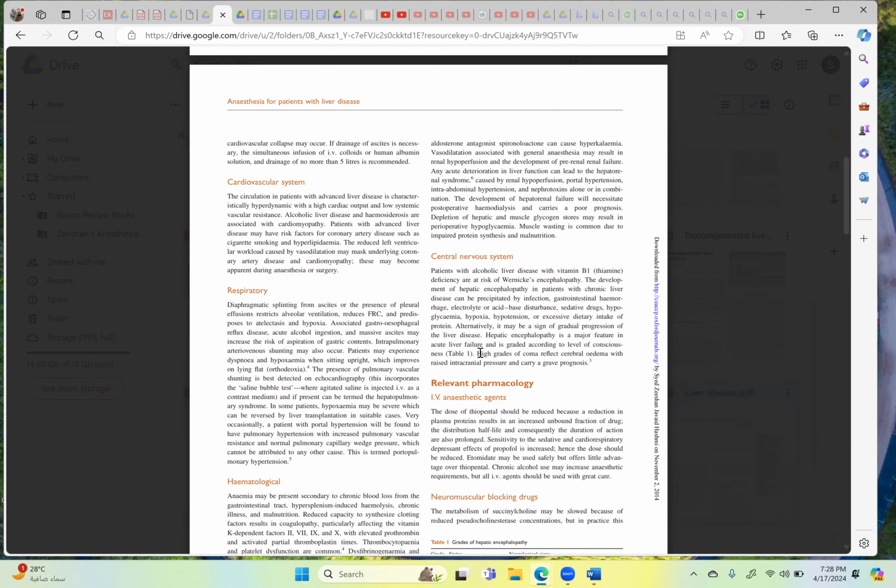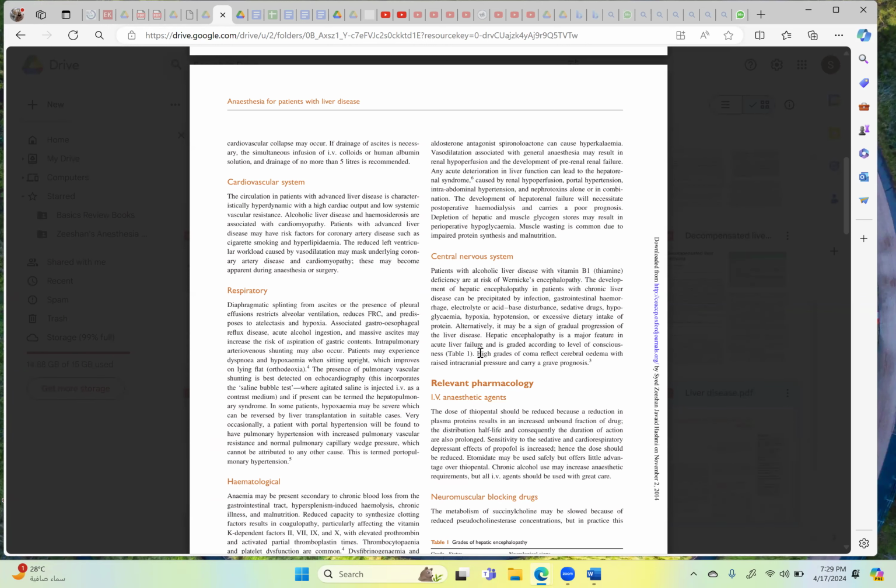In hepatopulmonary syndrome there is platypnea-orthodeoxia, a strange thing where the patient may experience dyspnea and hypoxia when sitting upright, and it improves when the patient is flat.